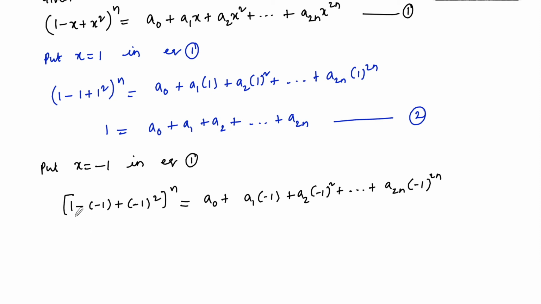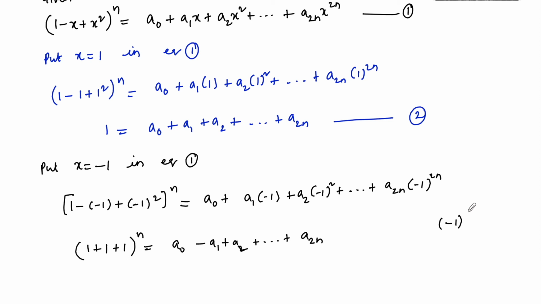So we can write 1 minus of -1, that is 2, (1 + 1 + 1)^n is equal to a0 - a1 + a2 and so on up to a2n.